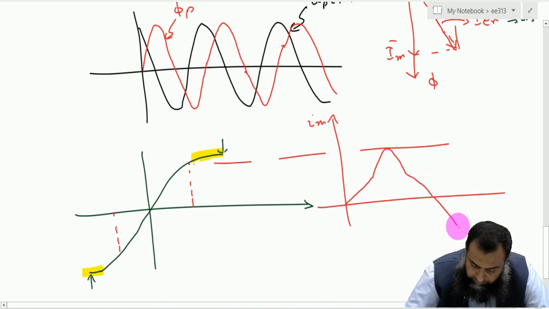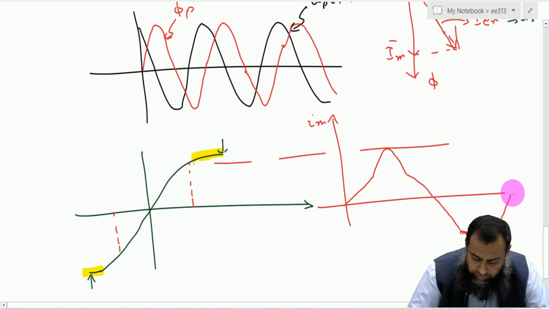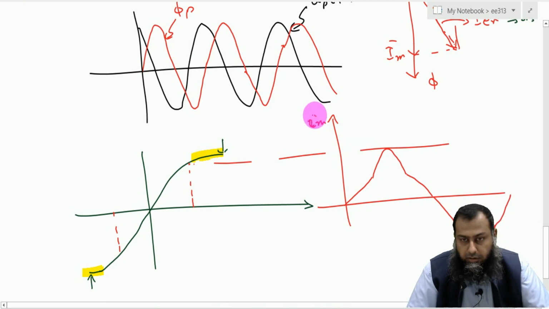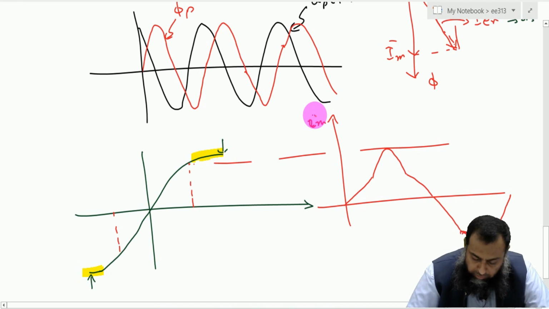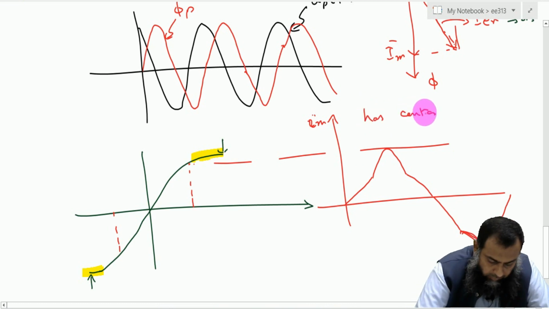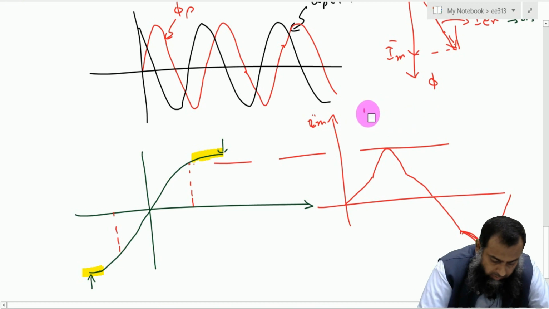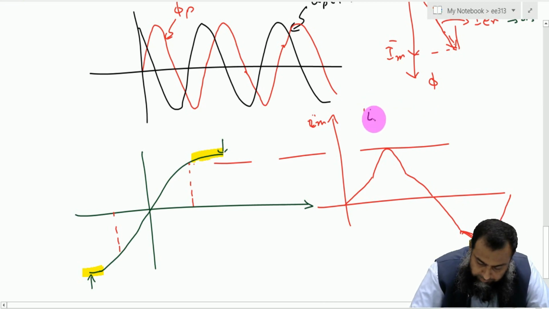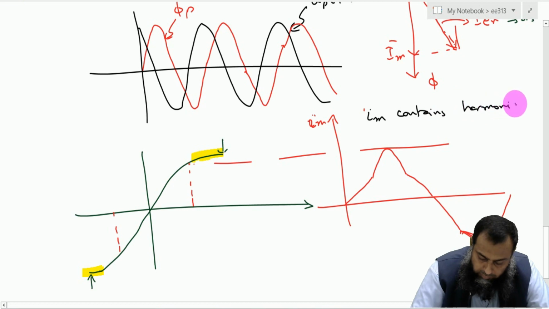it also has some sort of a current like that. So this is the shape of the magnetization current which flows through the transformer when it is unloaded. Now this particular IM contains harmonics, and it is not sinusoidal.